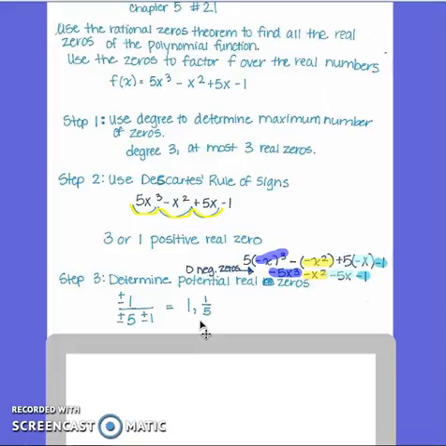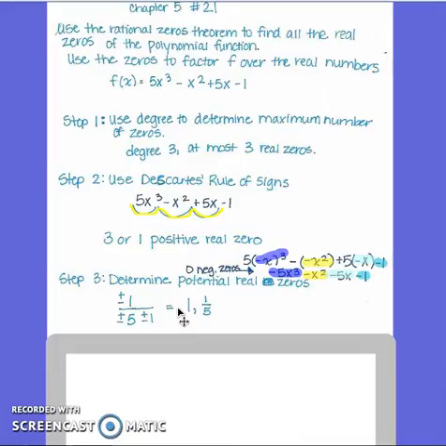Now, a unique thing about this is we can use this. If we look here, we have 2. If we look here, it says we're going to have 3 or 1. So therefore, both of these are not going to be our positive real zeros. They're not both going to work. We cannot have 2 positive real zeros. However, we're going to have 1.